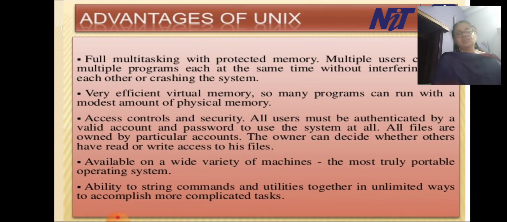Security is also one of the advantages of Unix. Unix enforces a high security level by requiring that all users authenticate to the system via username and password. Furthermore, all files on the system must have an owner who can set specific permissions as to which users can read or modify the file.